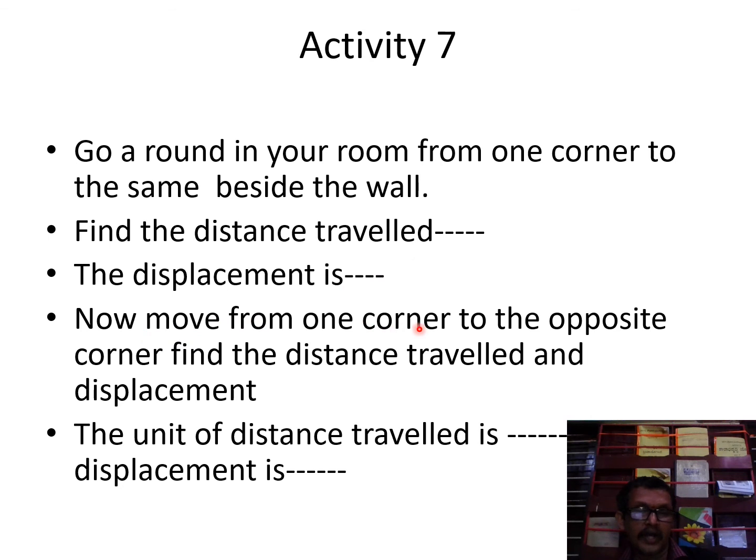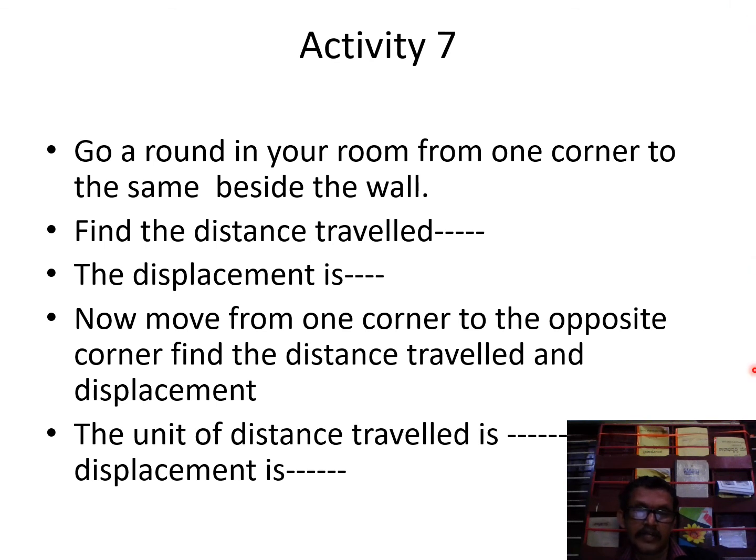Now move from one corner to the opposite corner. Consider you are here. Move from one corner to the other corner, not the straight way, like this, and find the displacement and distance traveled.